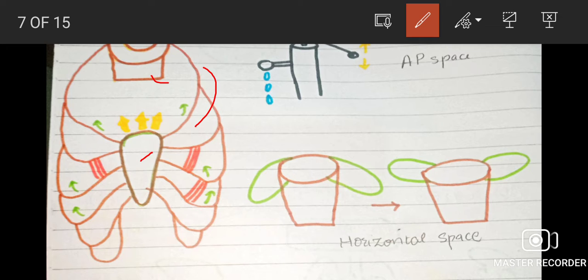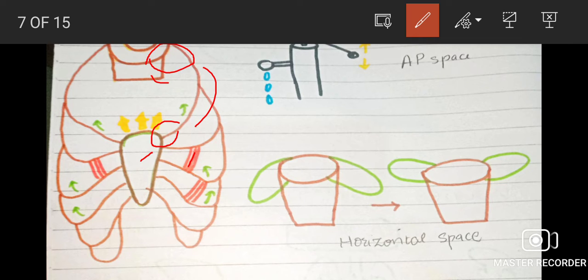The rib portion that is attached to the vertebral column is more superior than the rib portion attached to the sternum. In this way, when the ribs move, they move the sternum up, and the sides of the ribs also move upward. Here the green arrows show how the ribs are being moved upward.